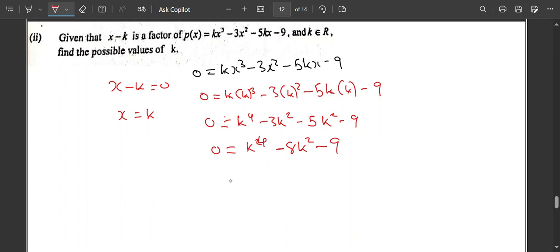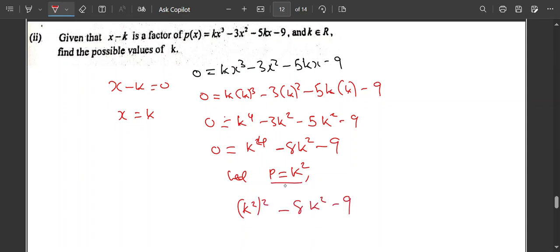So how can I solve this one? I can say, let any letter, I can say p. P is equal to k squared, okay? So if I put it like that, then here it will be k squared, open bracket, k squared minus 8, then minus 9.